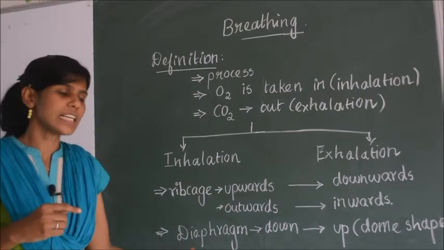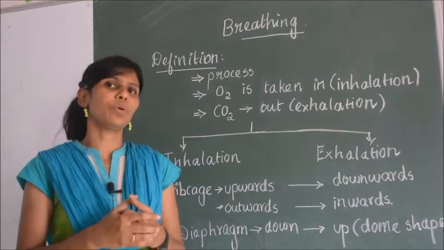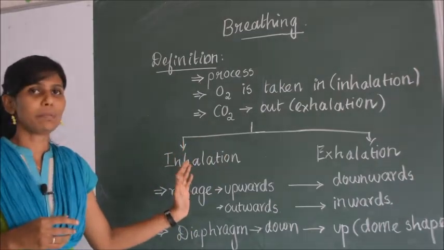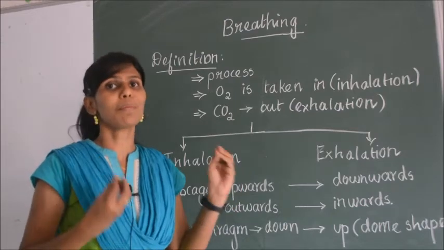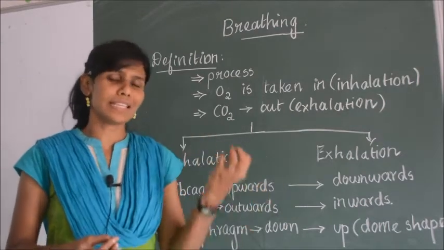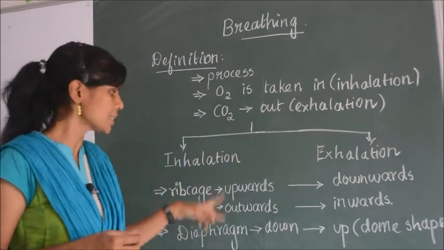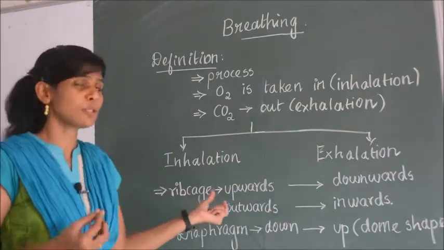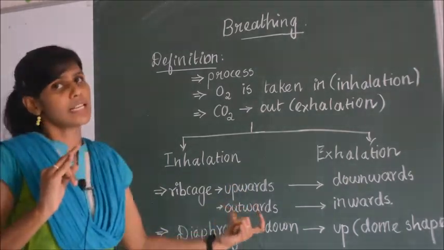And what about the diaphragm? The diaphragm moves a little down. So you should keep all these in mind, because from the exam point of view this is important. I may ask you what changes happen in your rib cage and diaphragm during inhalation. You should know to list them all out: the rib cage moves upwards and outwards, and the diaphragm moves downwards.